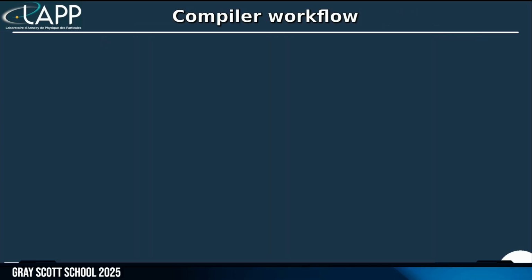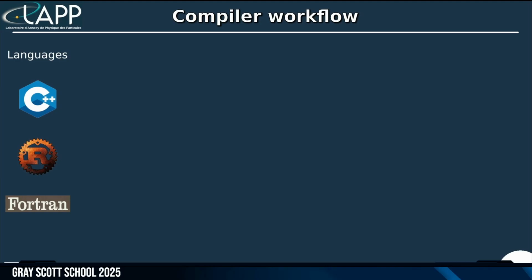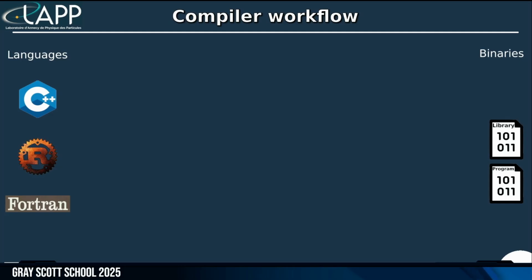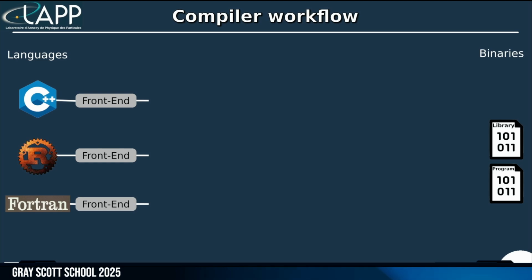So how does it work? First, we start with your favorite language, of course. And then we want to get binaries. What's the point in between? First, we want to translate the language with a front end. The front end checks the grammar of the language, all the syntax of the language.